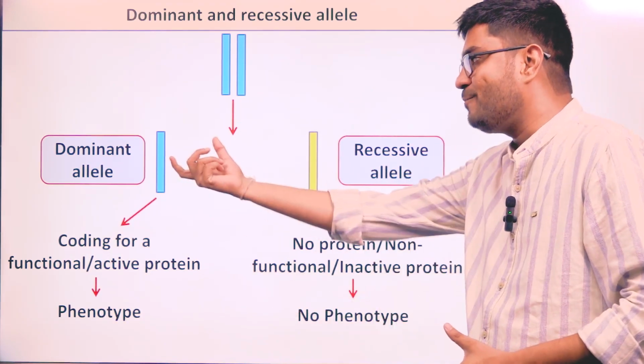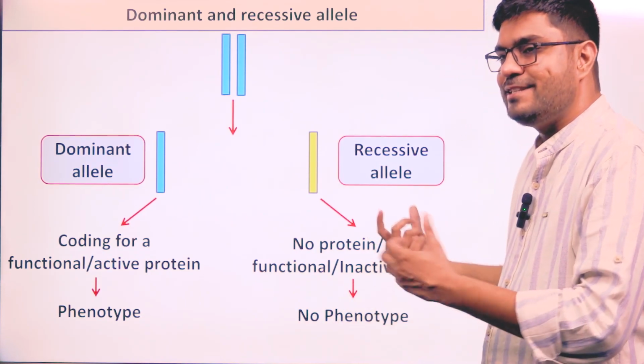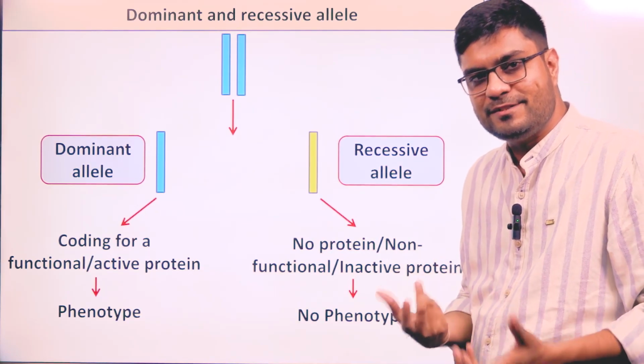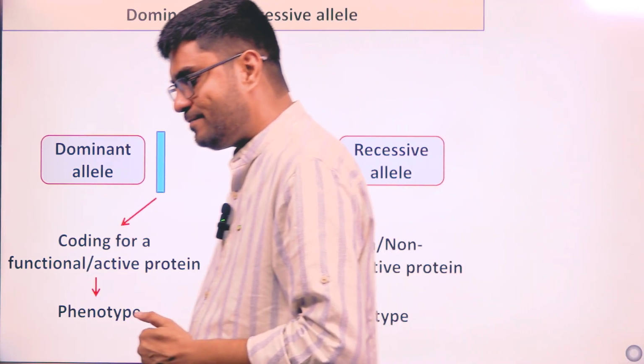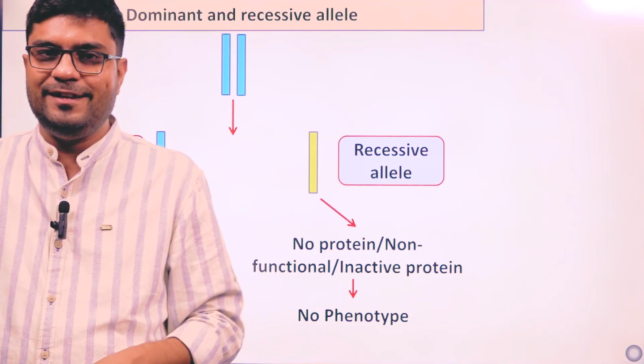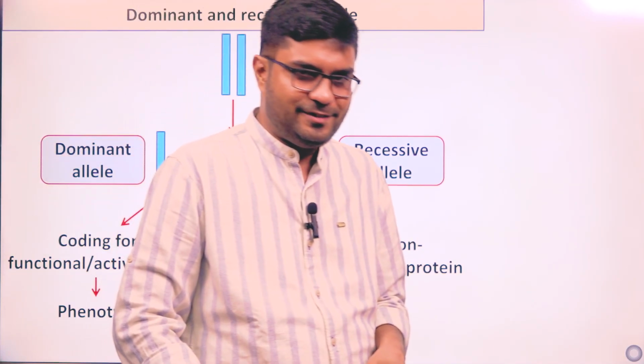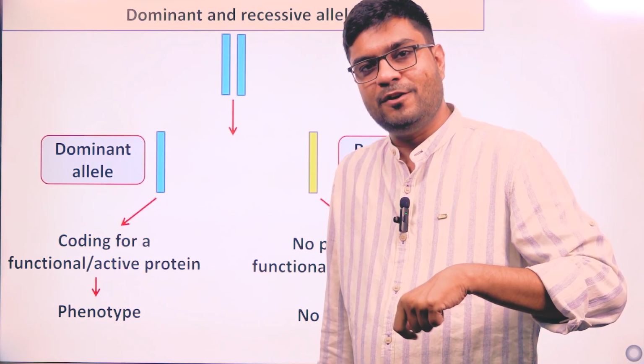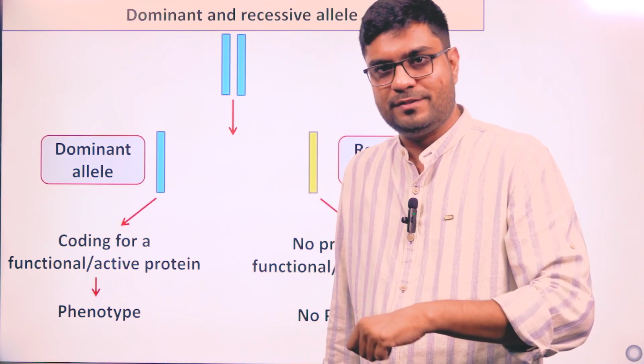Now, one more interesting thing is, generally recessive is nothing. The absence of protein is recessiveness, meaning the absence of dominance is what? Recessiveness. So for us, dwarfness in the pea plant is not a character, not a phenotype. The absence of tallness automatically becomes what? Dwarfness.